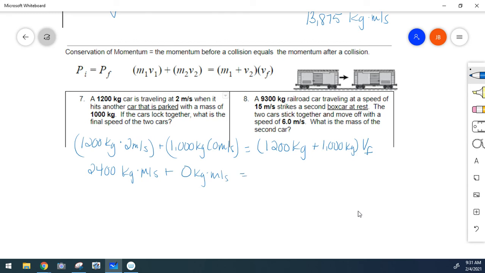And this will be 2,200, right, kilograms times final velocity. So then that'll give us 2,400 kilograms times meters per second equals 2,200 kilograms times final velocity. And divide both sides by 2,200 kilograms.